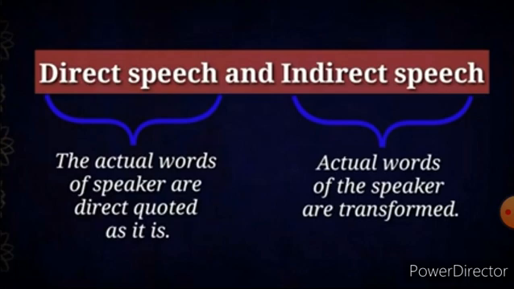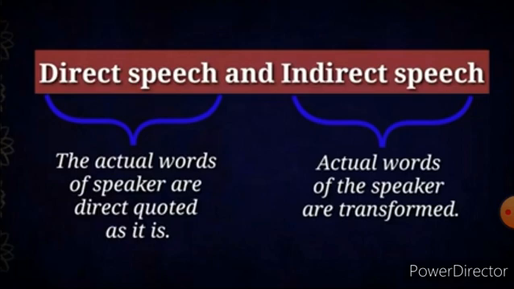What do you mean by direct speech? The actual words of the speaker are directly quoted as they are. That is known as direct speech. Listen, children, direct speech describes when something is being repeated exactly as it was, usually in between a pair of inverted commas.